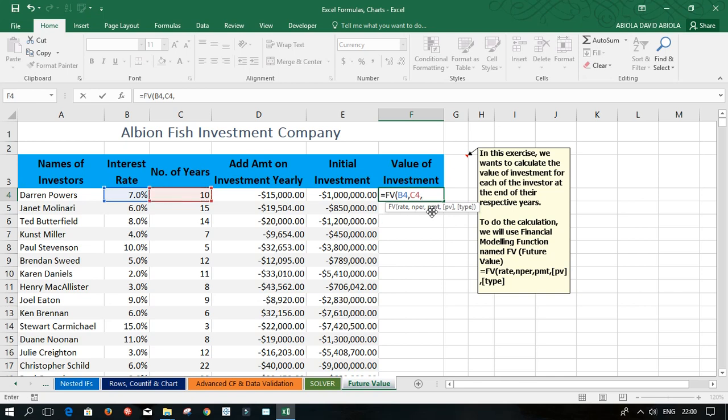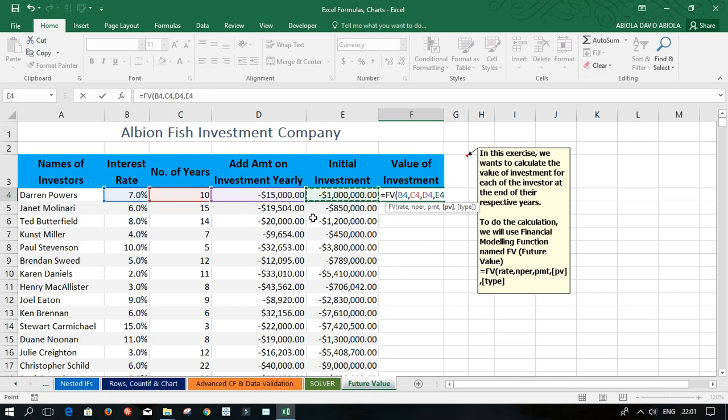So the next is my PMT, which is the additional payment that we want to be adding annually. So that is going to be this $15,000 and comma. So this is present value. In other words, this is the amount of money that I want to invest presently. So I'm going to click on it.